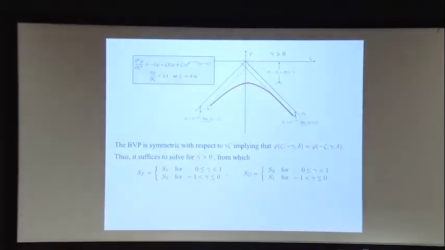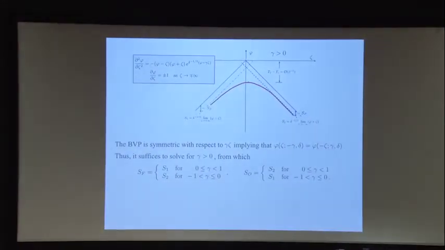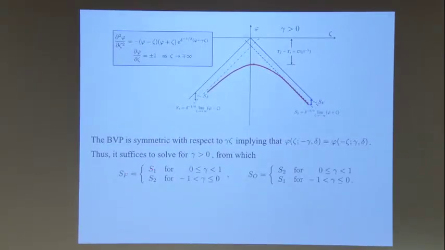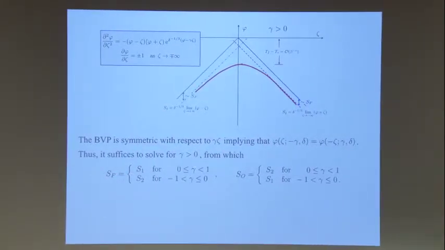So, when gamma is positive, what I called S1 will be the fuel leakage, and S2 is the oxidizer leakage, and vice versa. Okay, that's what the implication. Those are perhaps details.